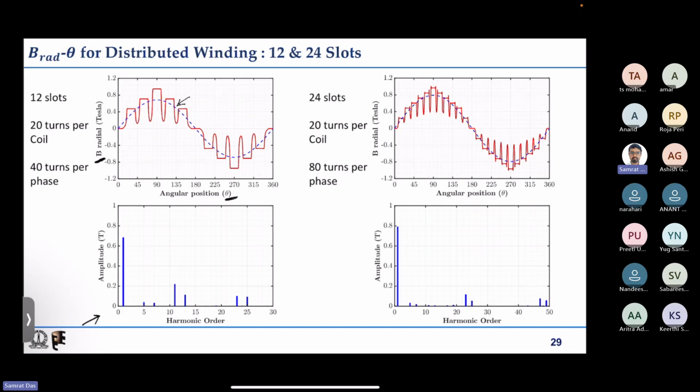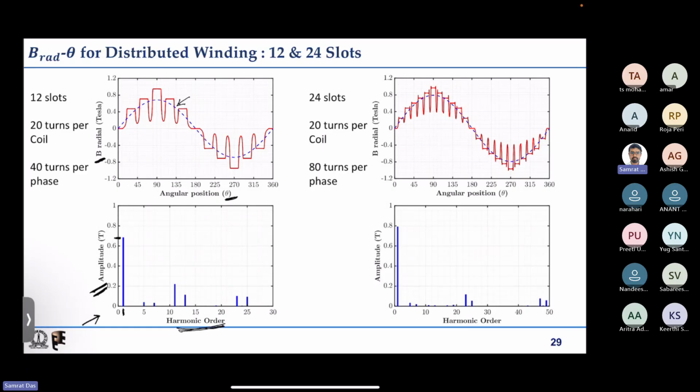This is a periodic waveform, and any periodic signal can be decomposed into the fundamental component and its different harmonics. Here I indicate the fundamental component, harmonic order 1, and as we go ahead in harmonic order, the vertical scale indicates the amplitude of them.